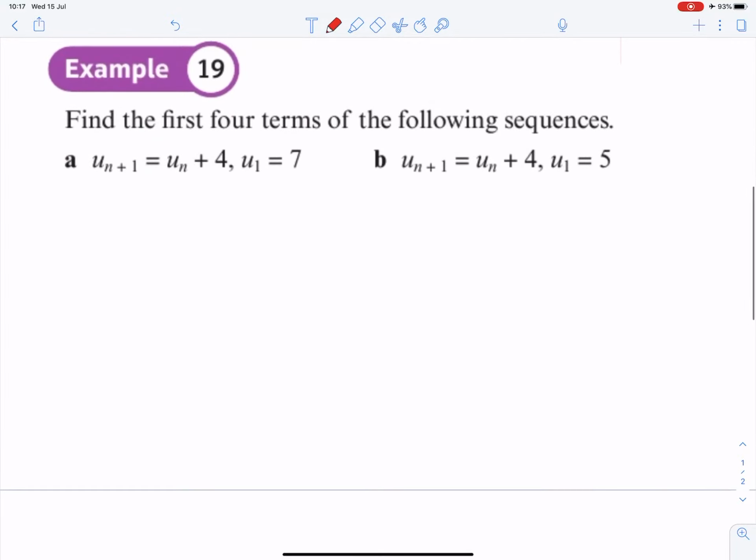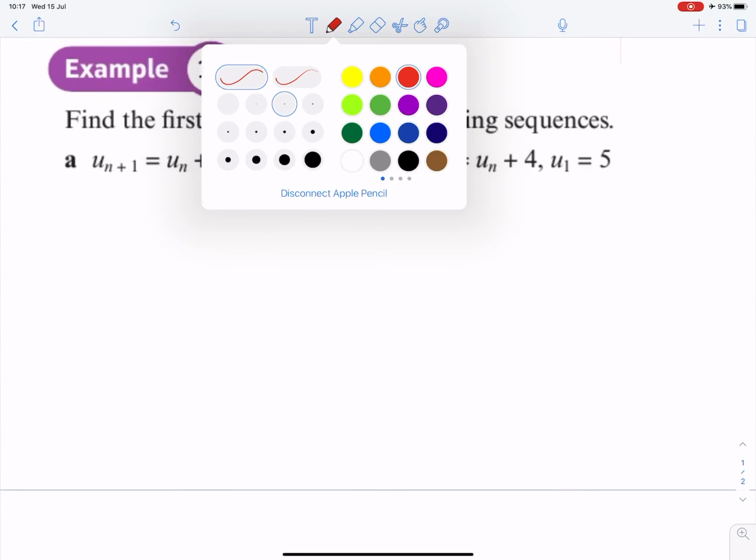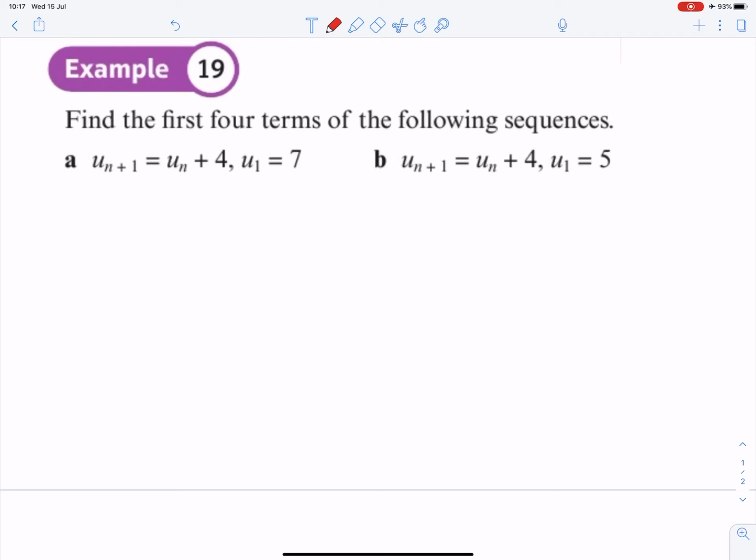So, example. This might tidy up some of our understanding. We've been given a starting term, so that's our start term. And this is our function acting on a term. And this is our next term.